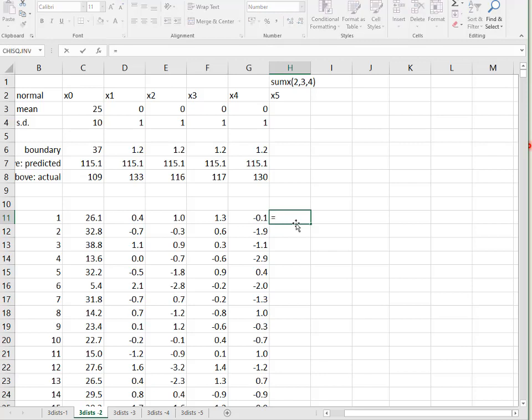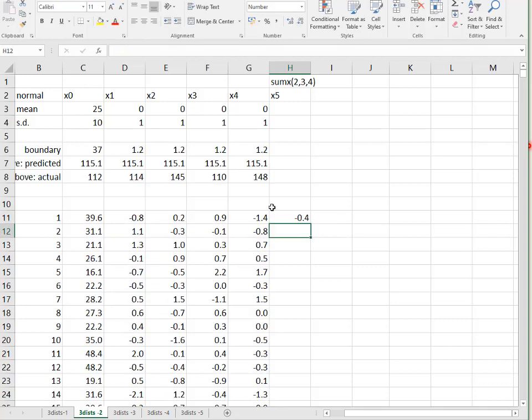So it's going to equal the sum of these three, x2, x3, x4. So this random variable is equal to the sum of x2, x3, x4. These are being generated randomly, and whatever they add up to is equal to this. I'm just going to repeat that all the way down.